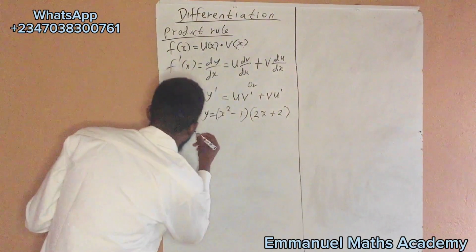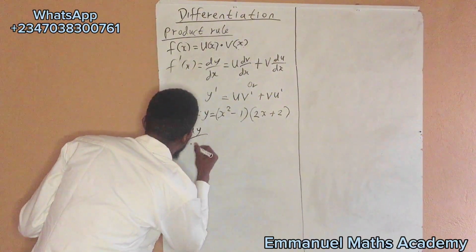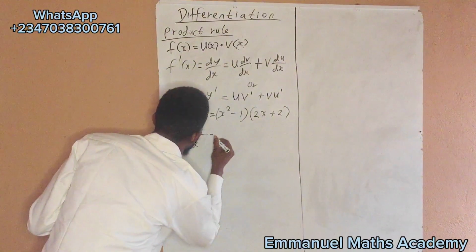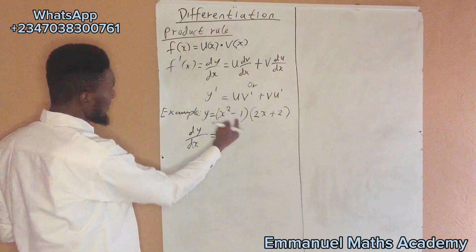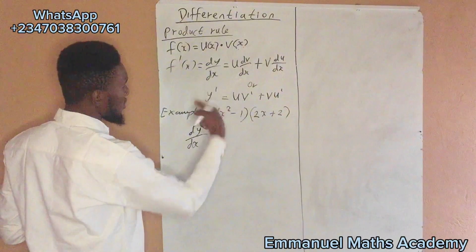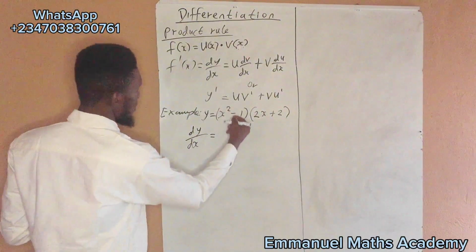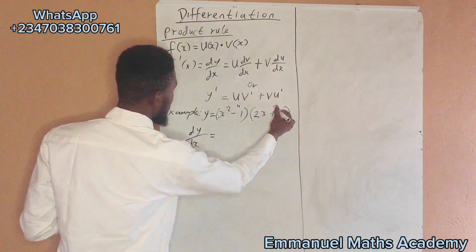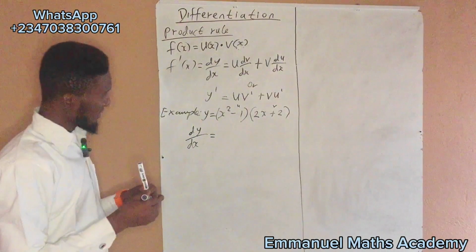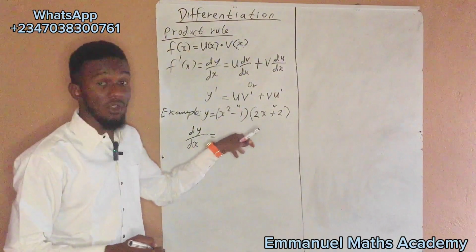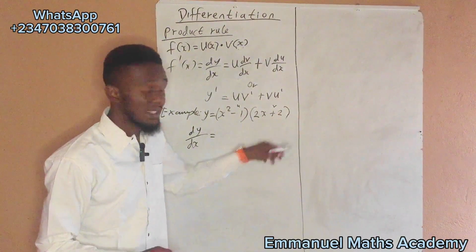Now, here, dy dx is equal to what? From these two things, where is your u and where is your v? The first one is your u. The second one is your v, right?